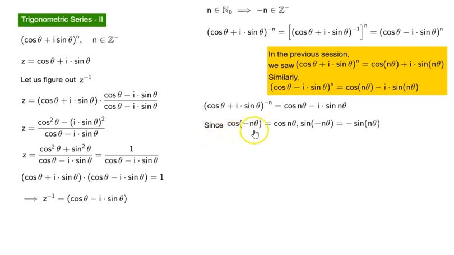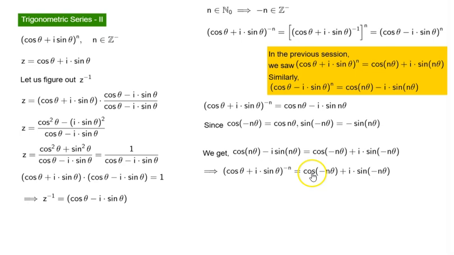And since cos(-n theta) is equal to cos n theta and sin(-n theta) is equal to minus sin n theta, we get cos n theta minus i sin n theta is equal to cos(-n theta) plus i sin(-n theta).